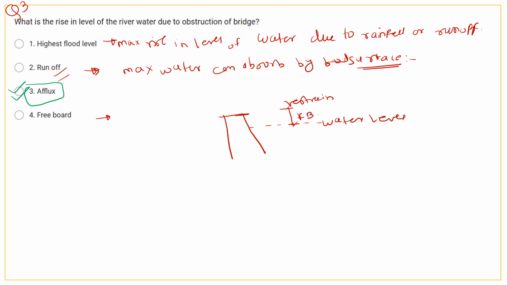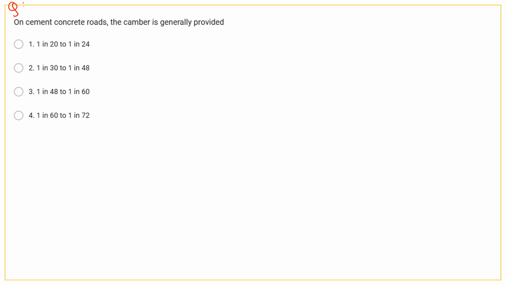Then next question, question number 4: on cement concrete roads the camber is generally provided. Here first we know about the camber.